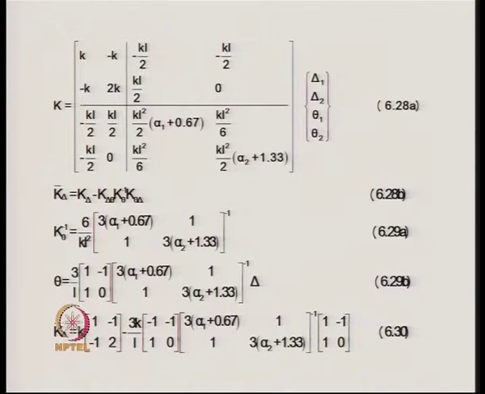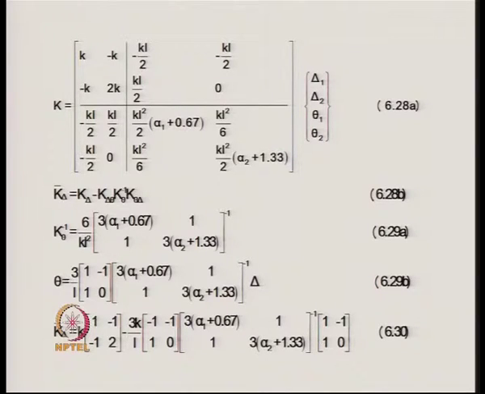Now, once we write down the stiffness matrix in terms of the 4 degrees of freedom, then we condense out the rotational degrees of freedom, and after they are condensed out, we get k bar delta, that is the condensed stiffness matrix with respect to delta, and one can see that the expression of k bar delta contains alpha 1 and alpha 2.